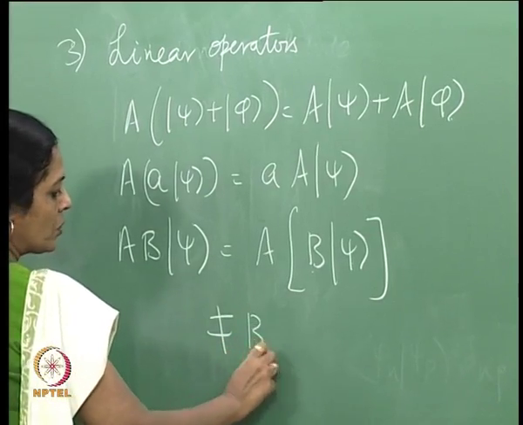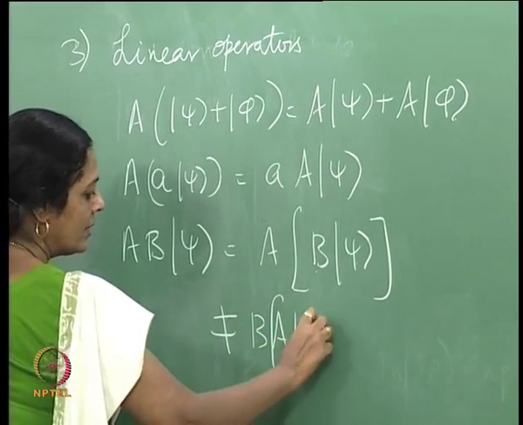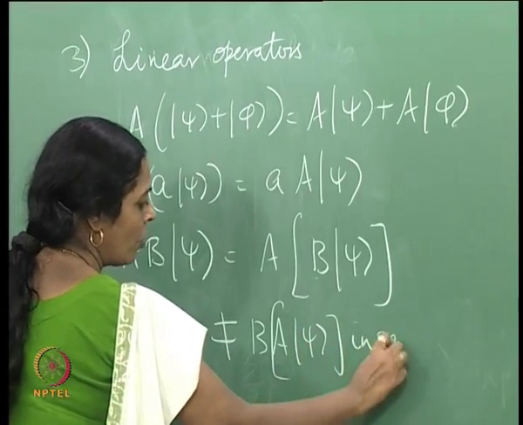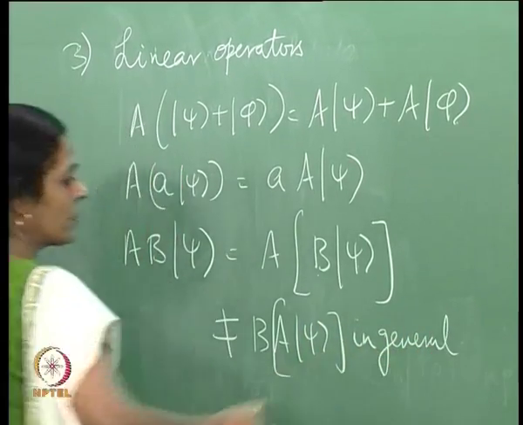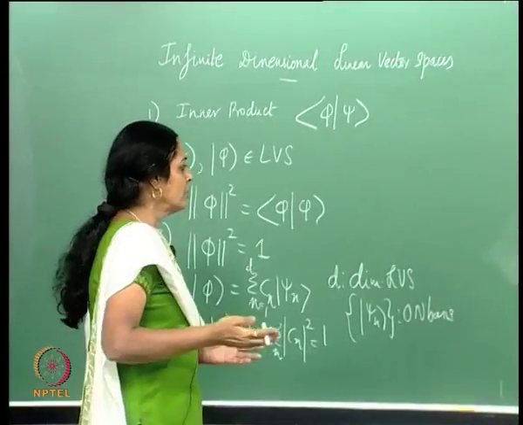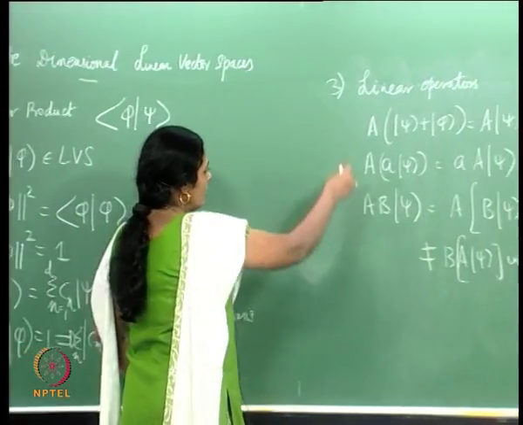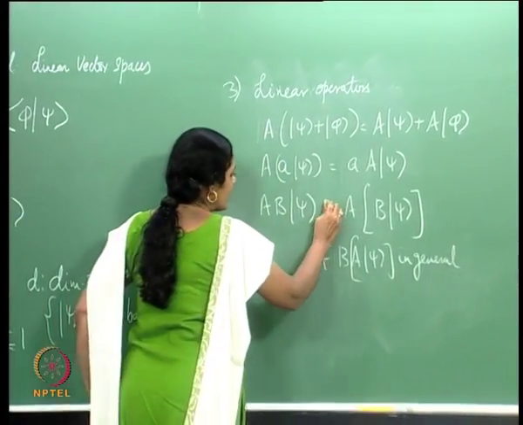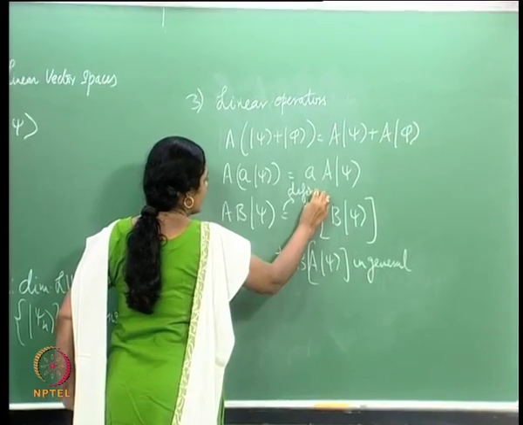This is not equal to B A psi in general, because the operators A and B, the examples that you have seen, were represented by matrices, and two matrices need not commute with each other. So these are the properties of a linear operator, and this is a definition. I define it this way.